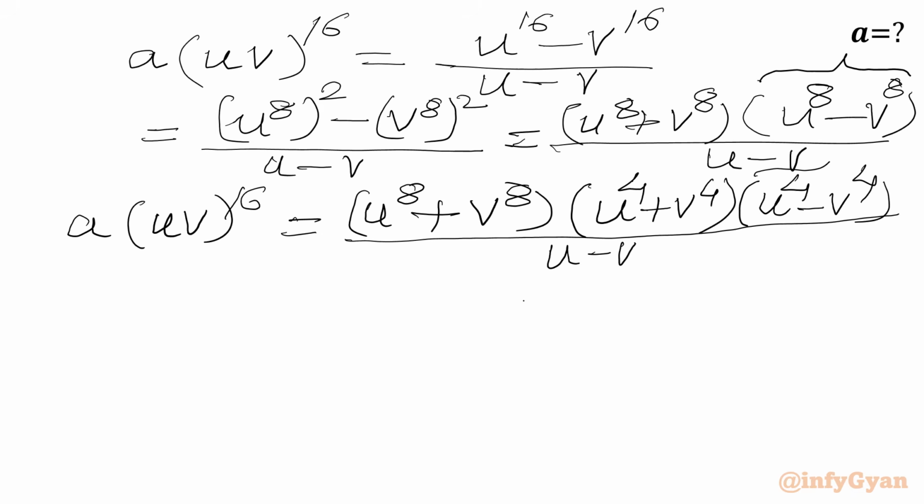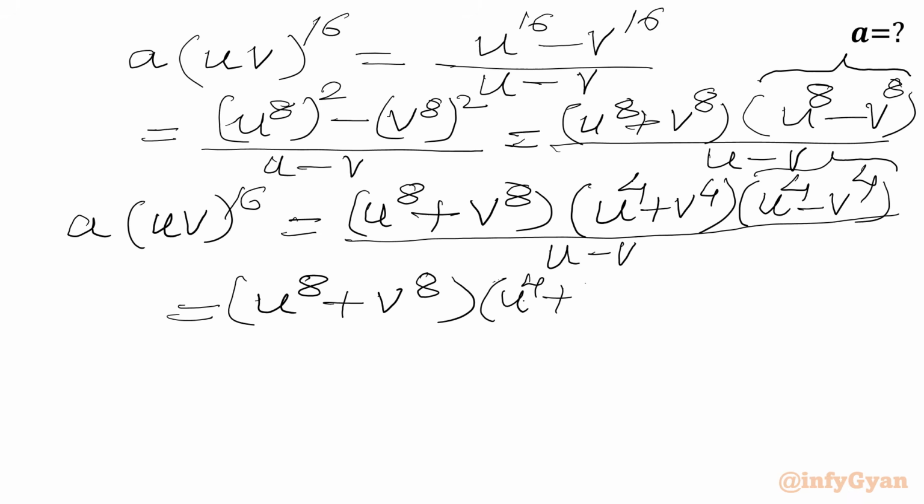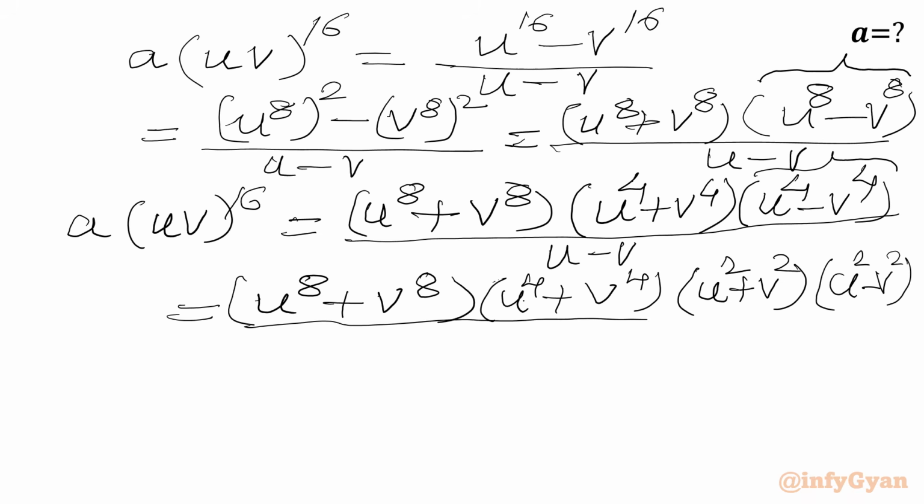Again, we can apply the difference of two squares formula here. So we will write (u⁸ + v⁸)(u⁴ + v⁴), and we write here (u² + v²)(u² − v²). In the denominator, we write u − v.